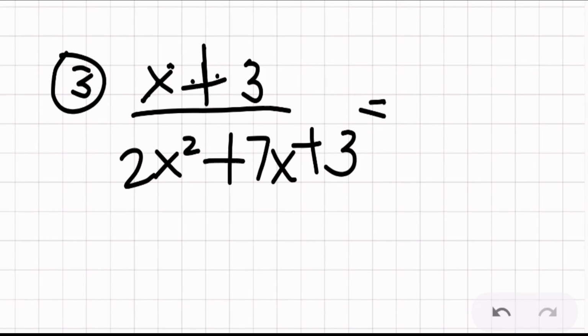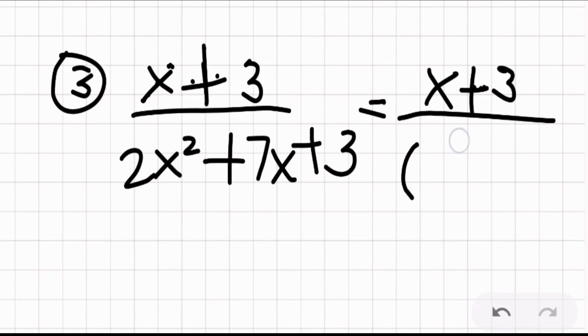Let's try to factor out 2x squared plus 7x plus 3. So copy x plus 3. For this one, we must think of two binomials. Let's put 2x here, and separate 2x squared as 2x and x. This is just trial and error. Let's see if this will work.